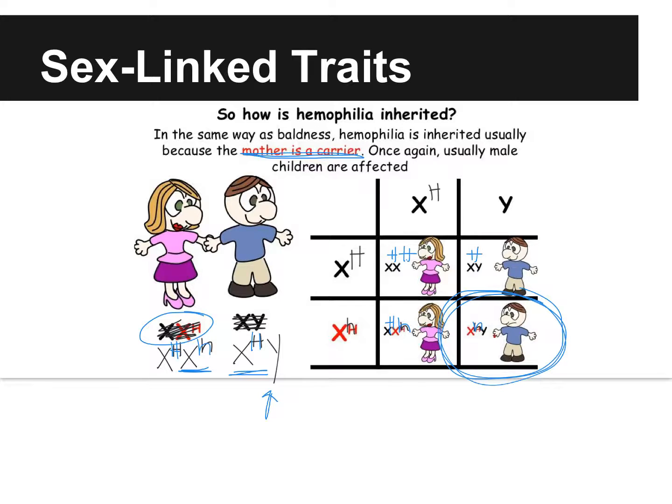Because he only has 1 X chromosome, he only needs 1 copy of the recessive trait for it to show up. So unfortunately, males, you have the short end of the stick on this and are going to be way more affected by X-linked traits than females. So color blindness and balding are all ones that affect males more than females, along with hemophilia.